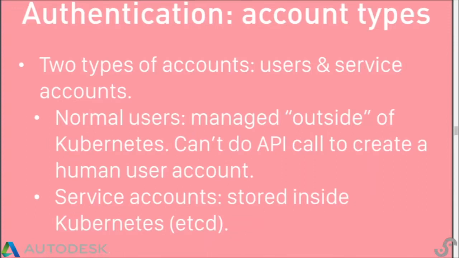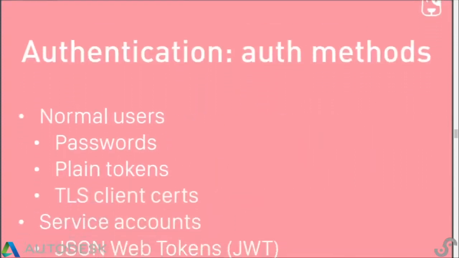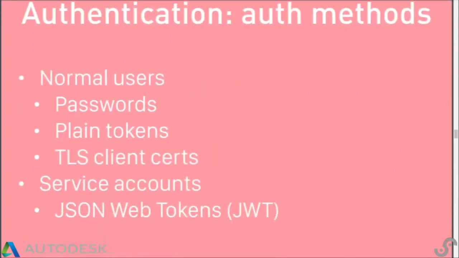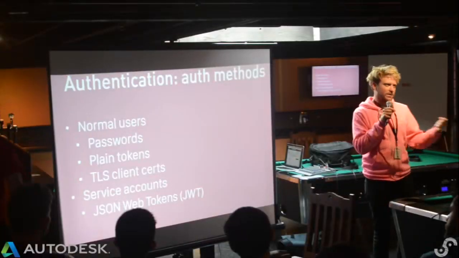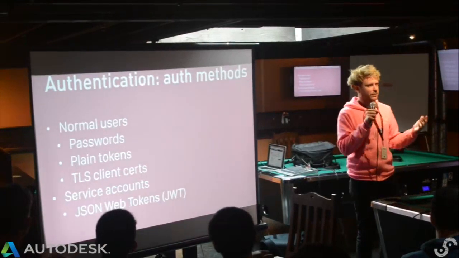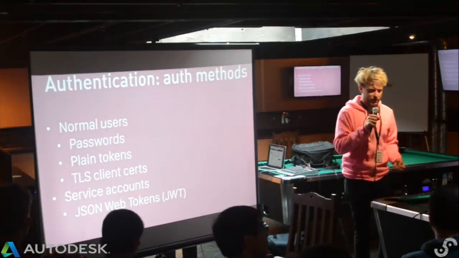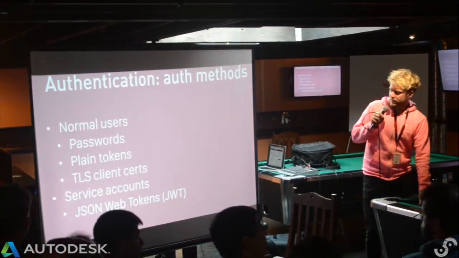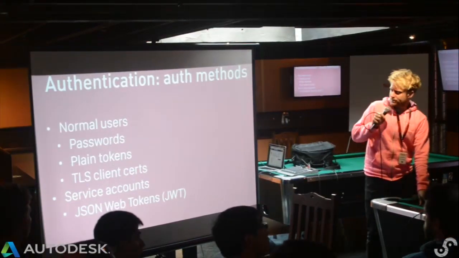For user accounts, you've got a few different options for authentication. This is not an exhaustive list of everything they support, but these are probably the ones that are going to be used most frequently. The one I didn't include that I probably should have, they do support OpenID. So if you wanted to, you can have your users authenticate with their Google, their G Suite credential to Kubernetes if you wanted to. The one we're going to be interested in is the client certs.